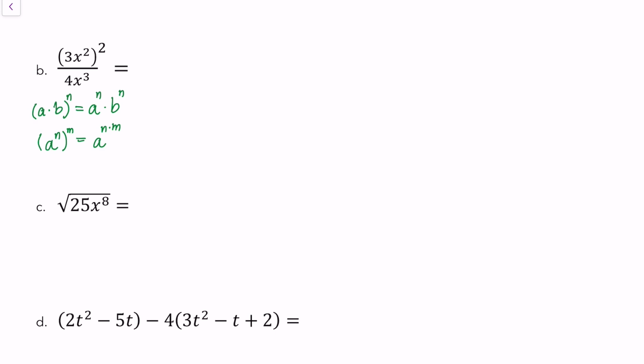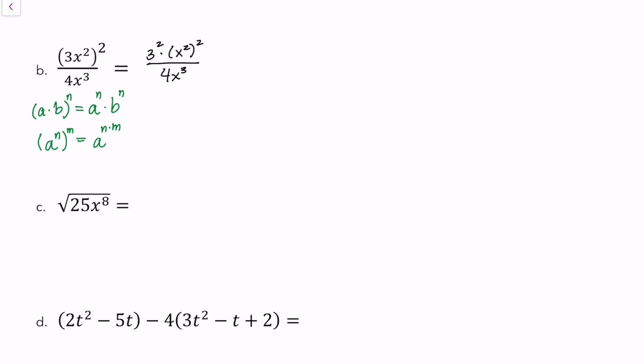So this is going to be the first step. I'm going to use the first rule over here. So the first step is to simplify or expand the numerator in this case. So this is going to be 3 squared times x squared squared, so we're using this law over here, all of that divided by 4x cubed. We're not going to do anything with the denominator yet.